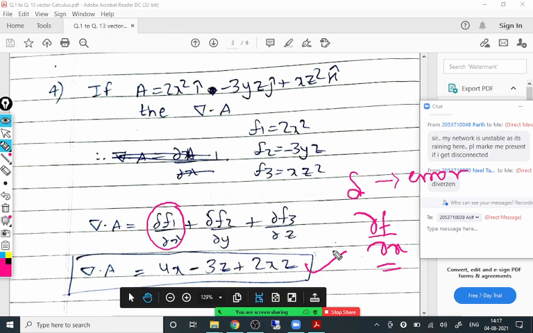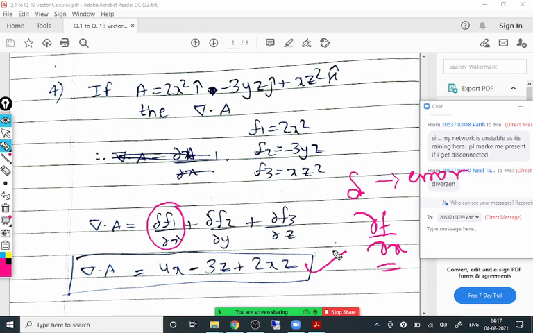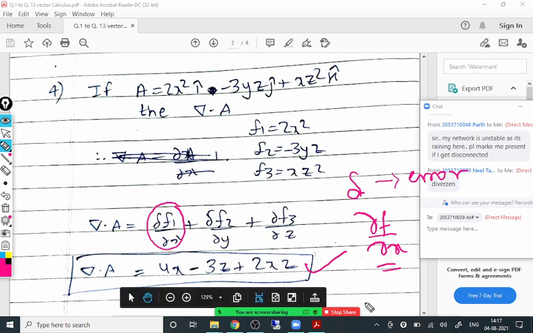Even with this notation, if you finish in the exam, you will get marks. Don't worry, because generally in the IMU exam, when we correct, no one is so strict. Everyone gives marks, provided your concepts are clear. If you write wrong answers at the end, you will not get marks there.